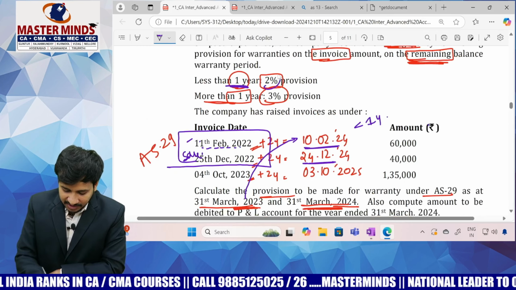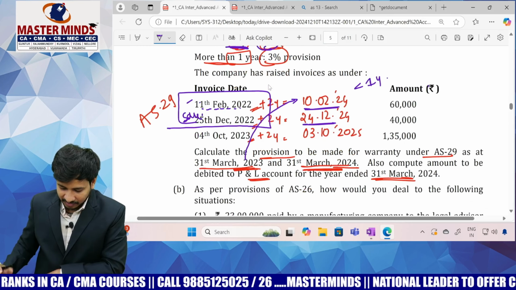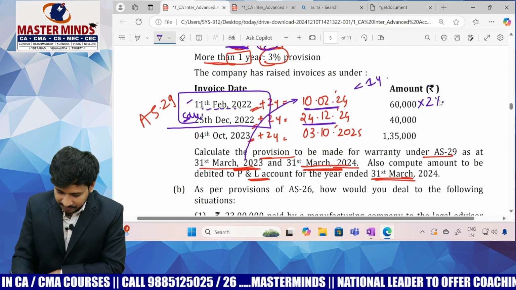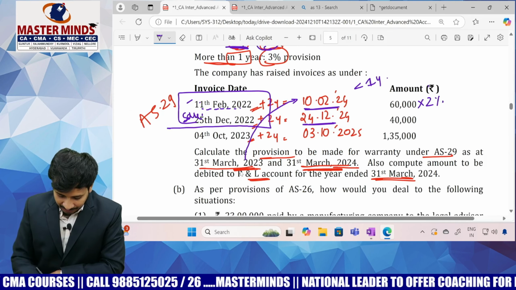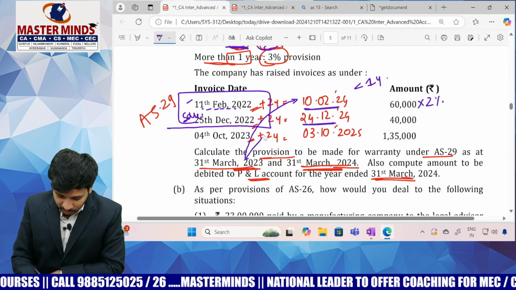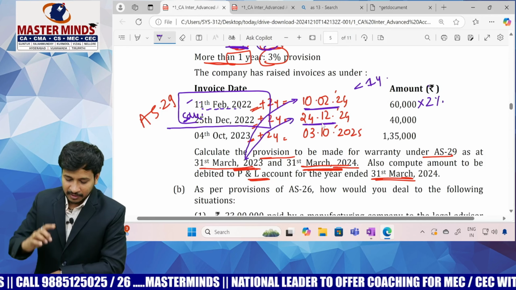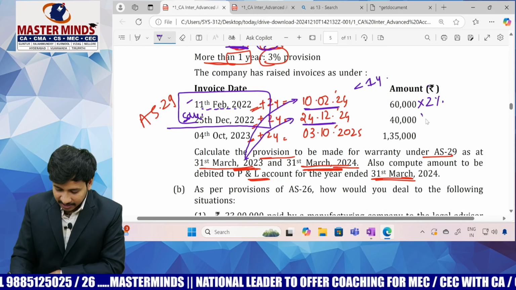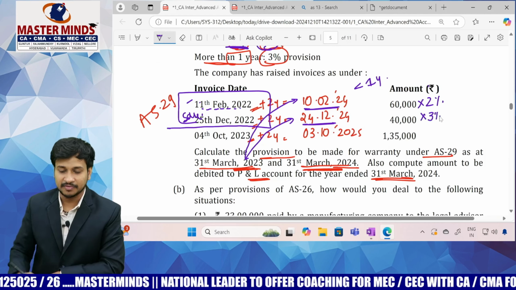If it is less than 1 year, the provision will become 2%. And 31/3/2023 to 24/12/2024, almost 1.5 year is there, on which you have to create 3% provision.